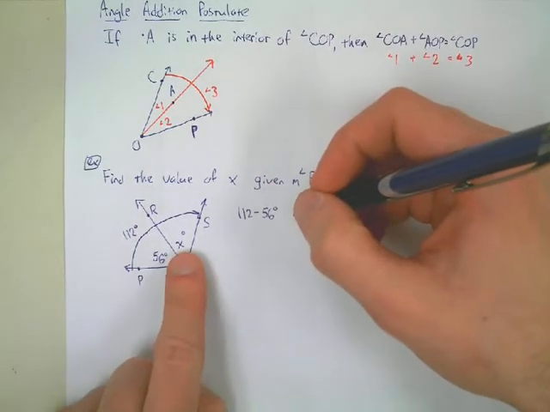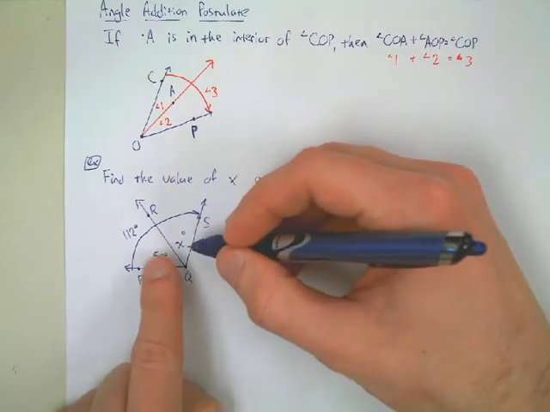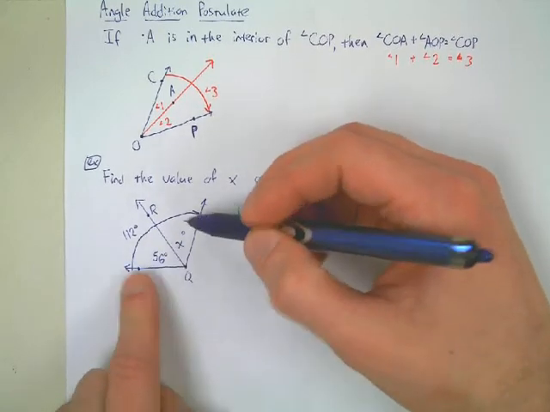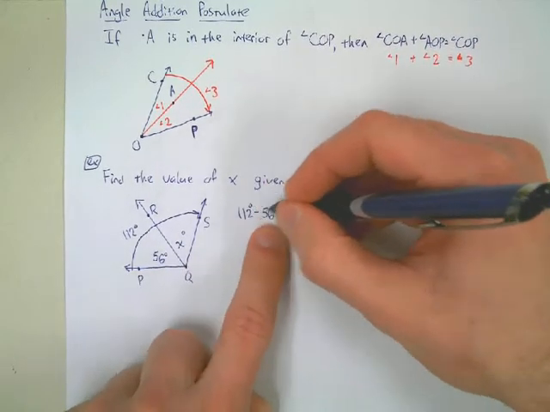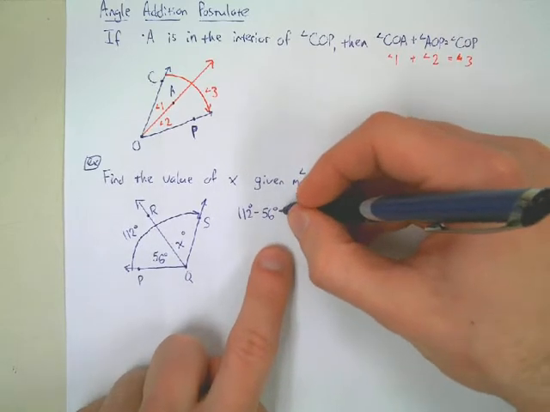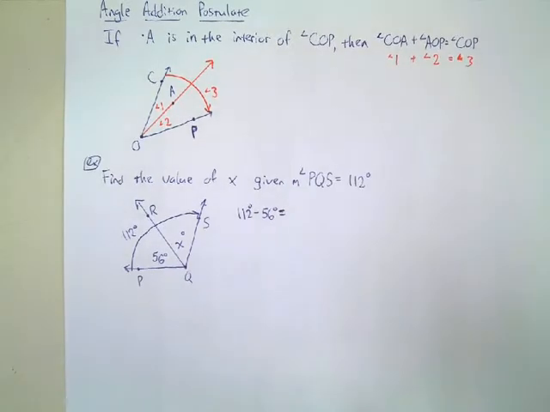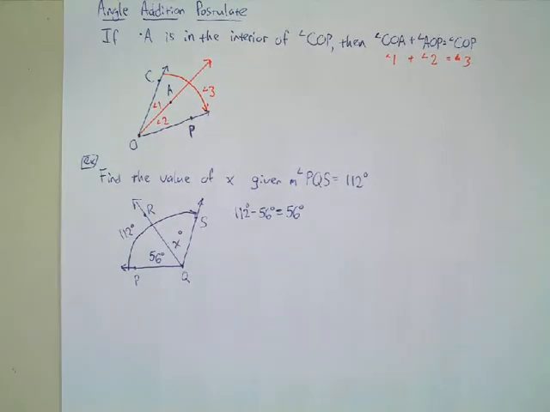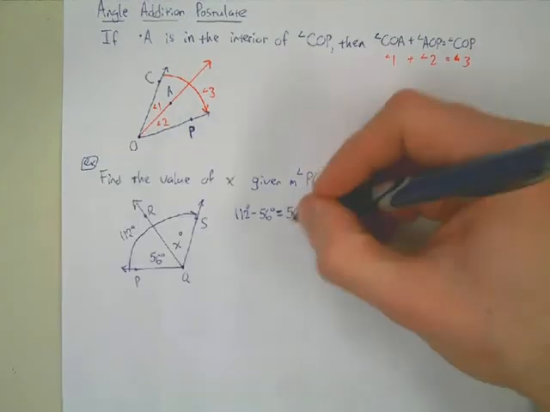Because remember, the 56 plus the x have to add up to make this big angle 112. So you just do 112 degrees minus 56 degrees, and that gives us 56 degrees. So it just happened to work out as the same number.